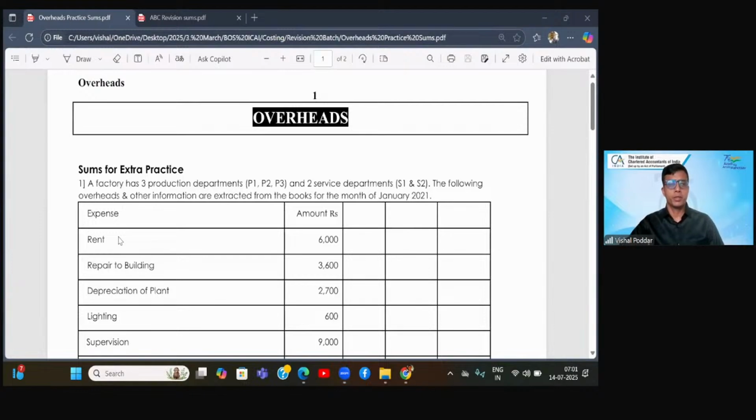Trial and error method. Yes, Tejaswin, that I'll cover today. I'll explain what is trial and error. Anybody else? Any questions, any doubts which you want me to specifically address? No? Great.